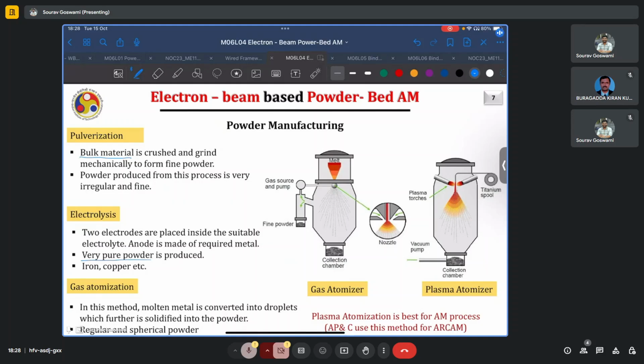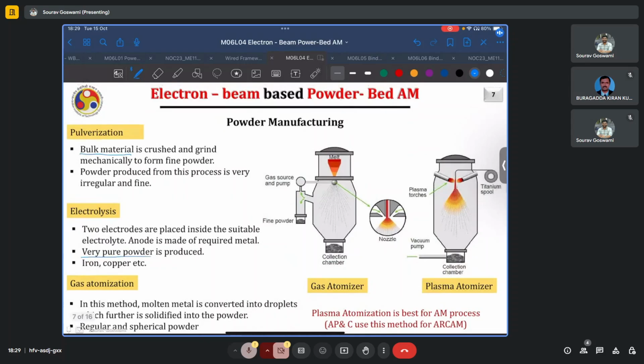Maybe electrolysis is the way to go, as the powder that you'll get will be of very pure quality. However, there is no comment on the size and morphology, so it can be expected that the morphology can vary, and perhaps the control over the size distribution also may not be very strong.